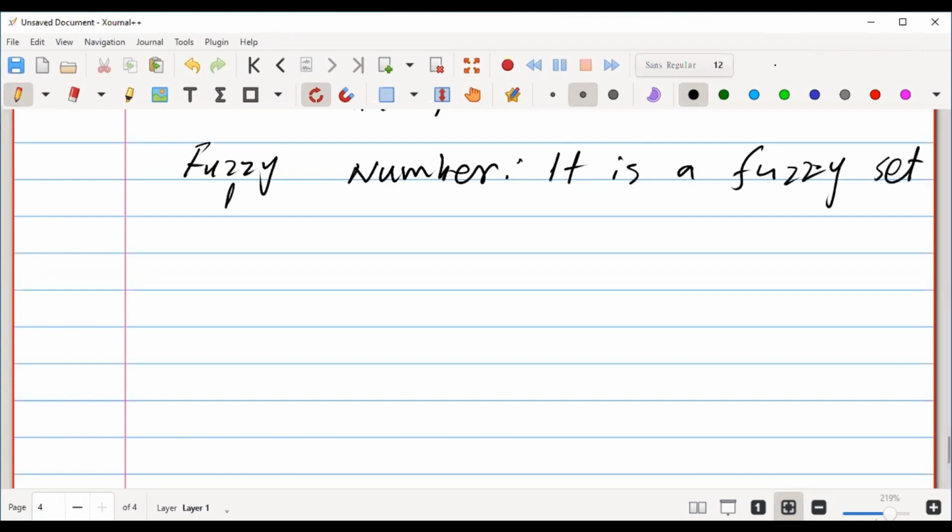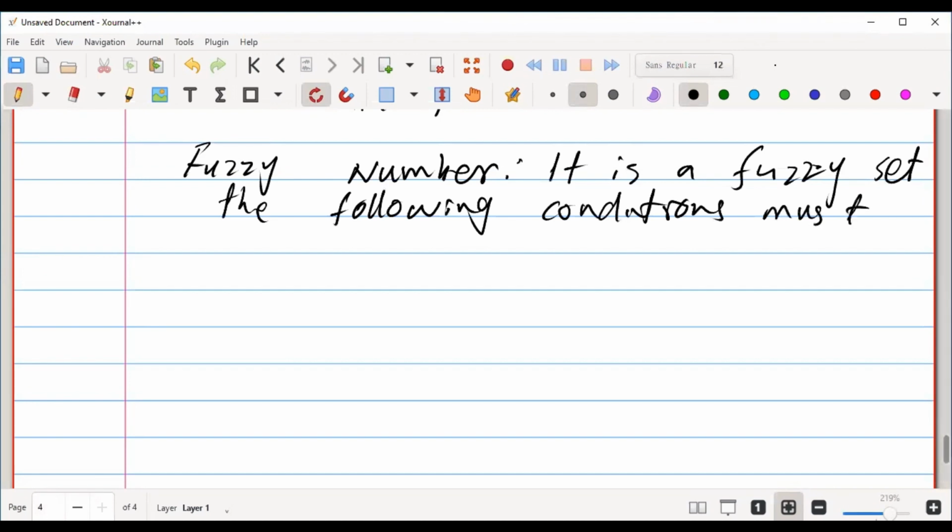The following conditions must be satisfied. If all of these conditions are satisfied, we call this a fuzzy number.